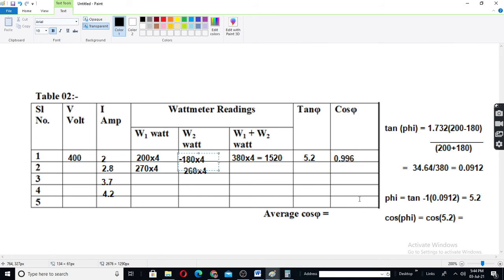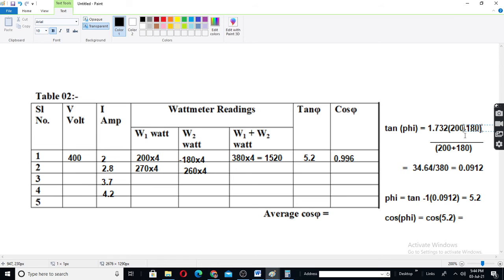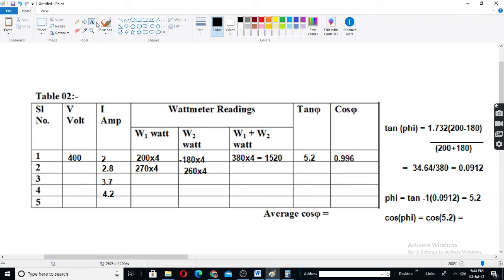Now in the formula, W2 is negative. In the numerator you have W1 minus W2. Now W2 is negative, so we will get a positive here. Minus of minus is plus. So 200 minus of minus 180 means 200 plus 180.